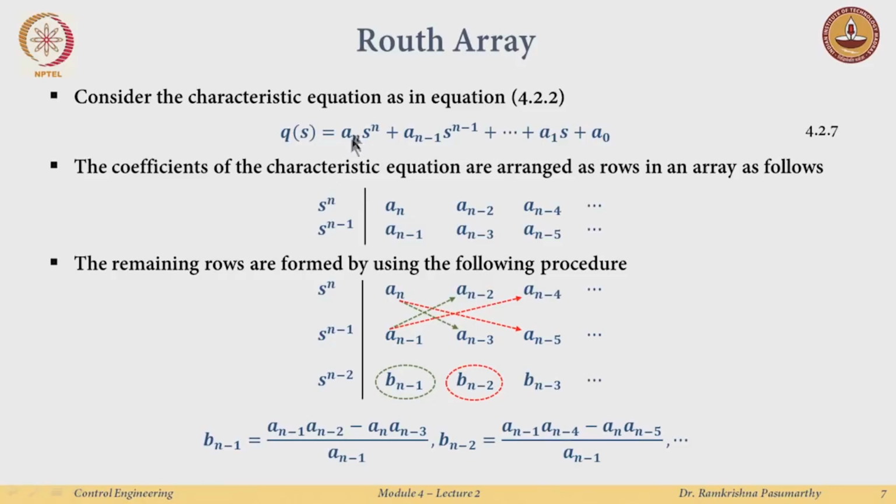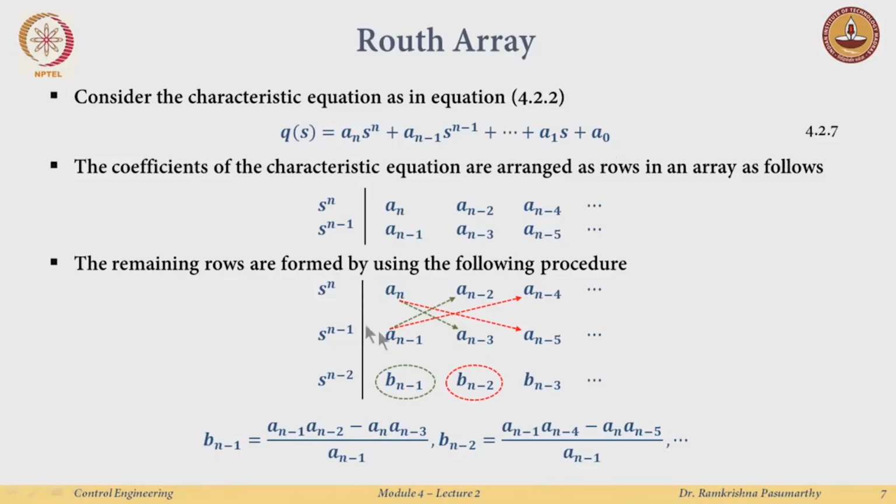I start with s power n, and I take the coefficient here and put it there, then I take s power n minus 1 and its coefficient. I do all the coefficients of n, n minus 2, n minus 4 and so on, and then n minus 1, n minus 3, until I reach the end of the polynomial. So these two rows are given to me.